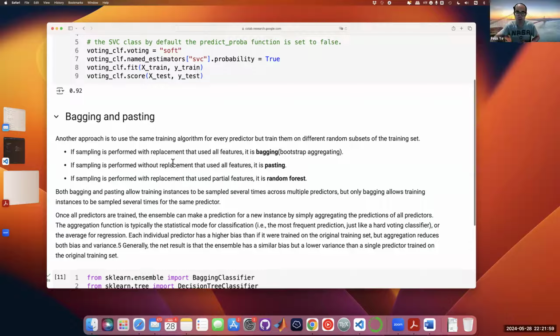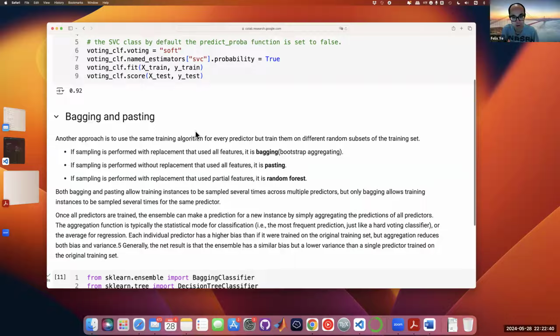And also, how we sample this training set is quite important. There are two different versions of doing so. One is we can sample the training set with replacement. That means I sample a data point, then I put it back and do this again. So it's possible that two or more data points are exactly the same data point.